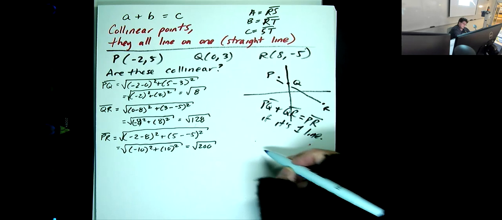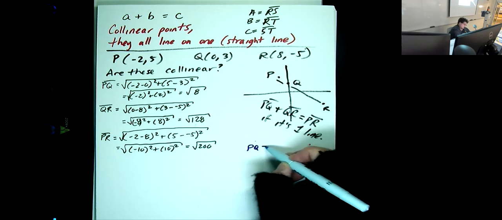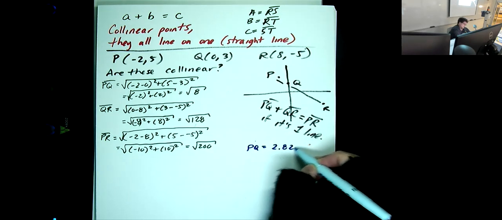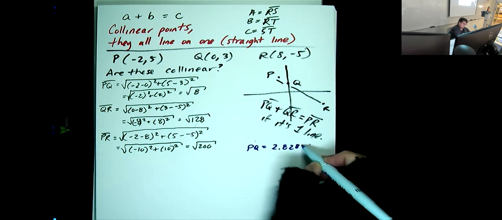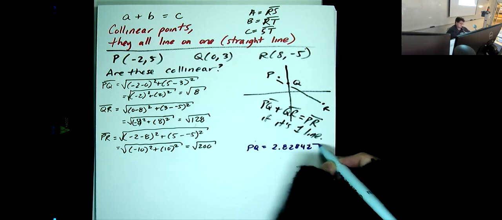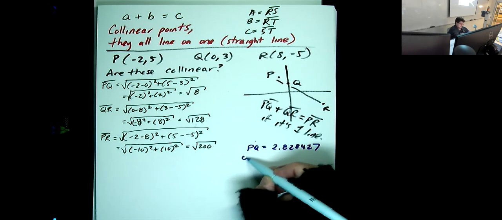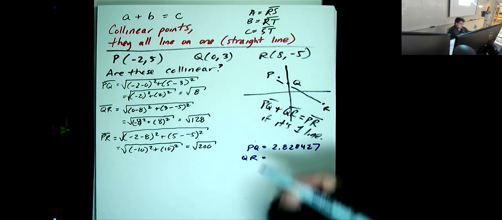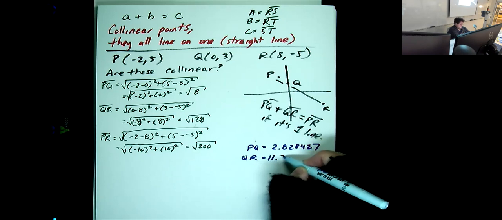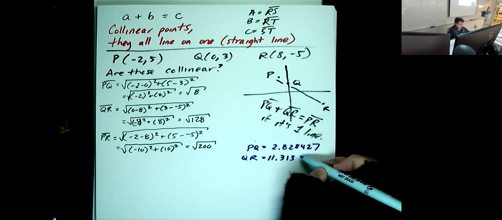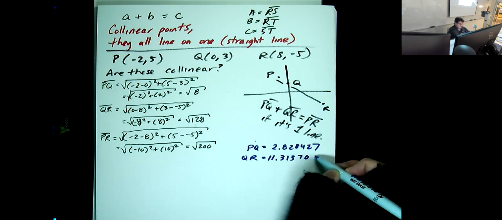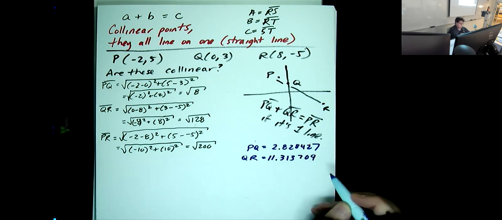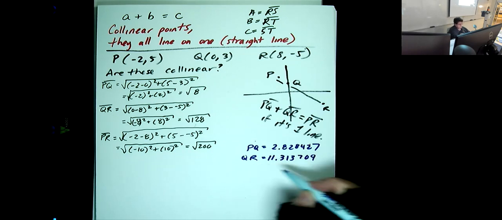So I've got PQ is 2.828427. QR is 11.313709. This rounding. What do those add up to?